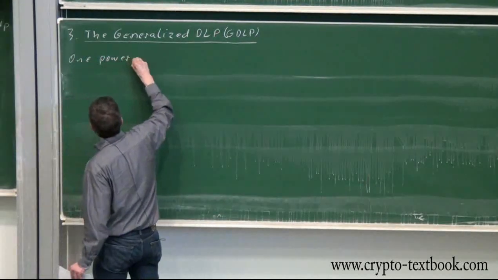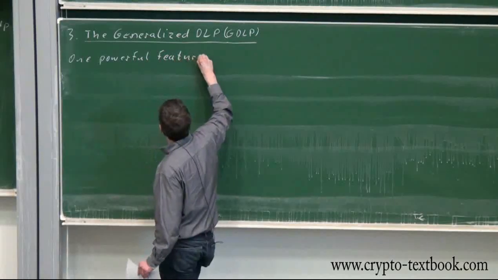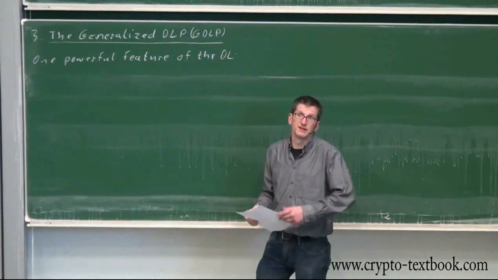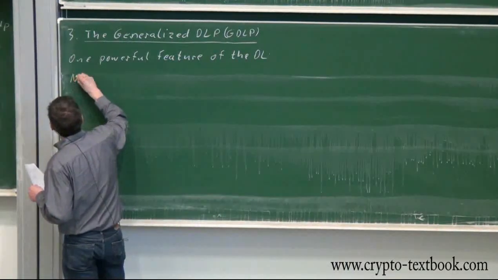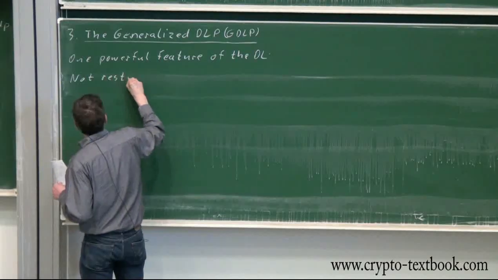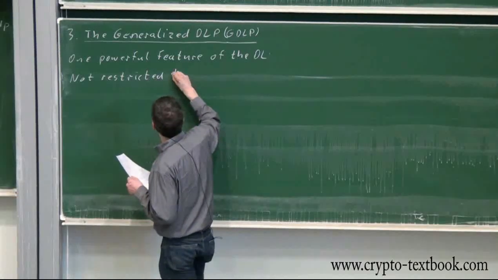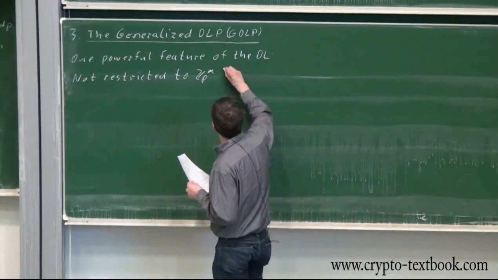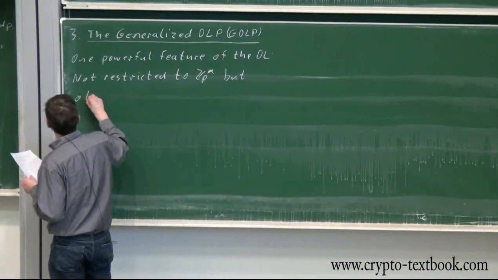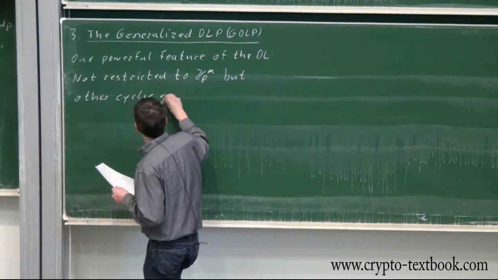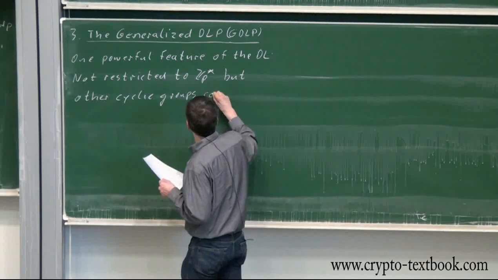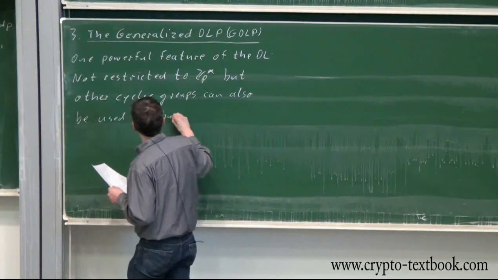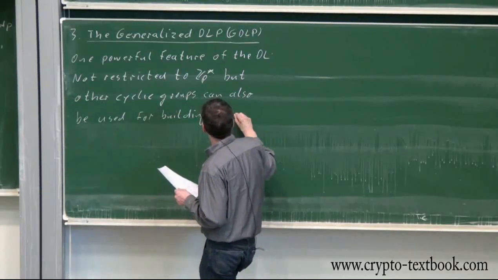One powerful feature of the discrete logarithm, one thing that is really cool, is that it is not restricted to ZP star, but other cyclic groups can also be used for building DL cryptosystems.